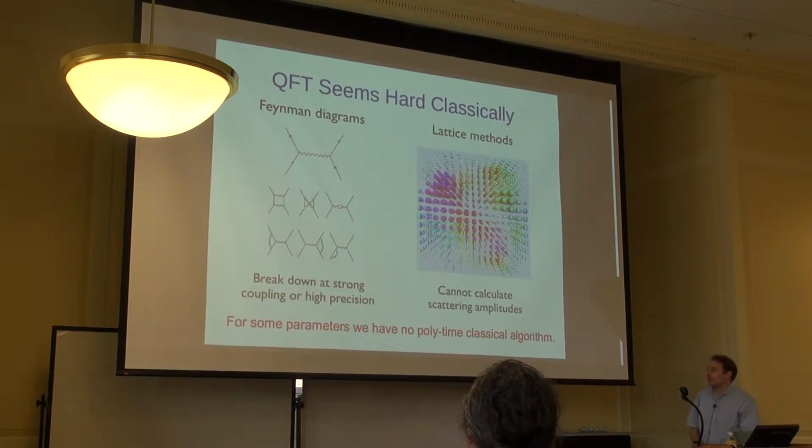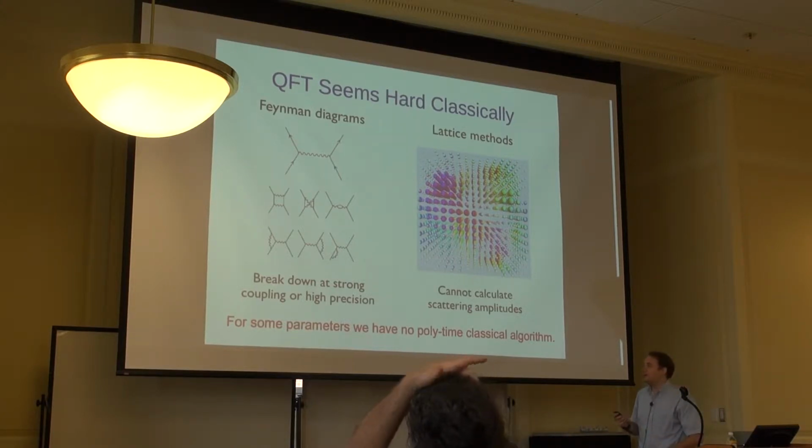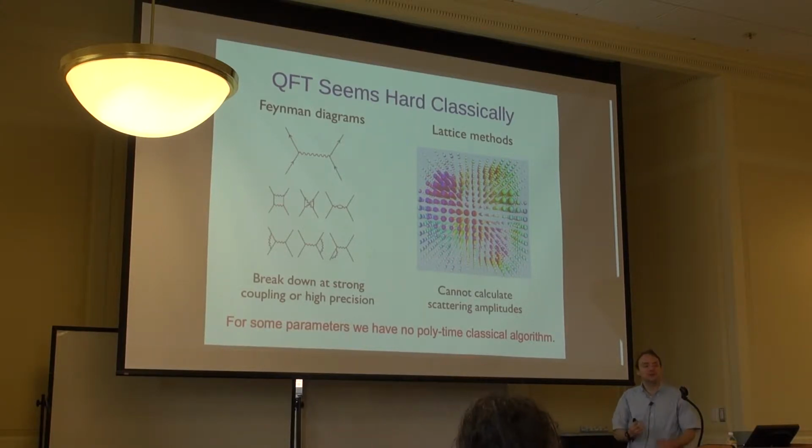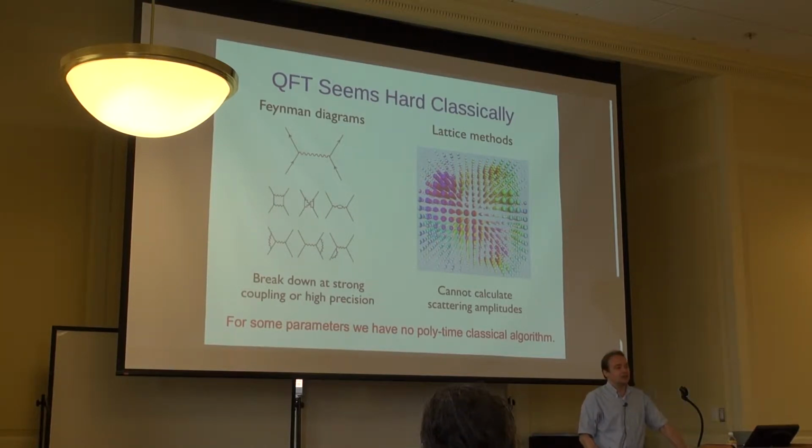And the second method is lattice methods, which I think our next talk I hope will teach me more about. And in lattice methods, typically you're doing things in imaginary time. And so you're getting good information about static quantities, things like binding energies and so on. But it's generally not so good for computing dynamical quantities like scattering amplitudes.